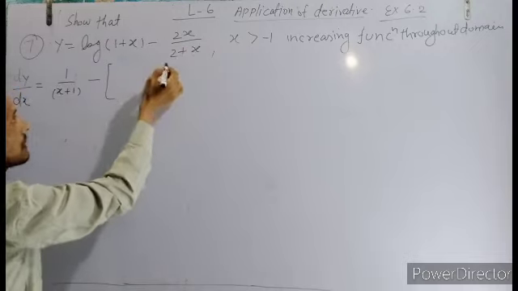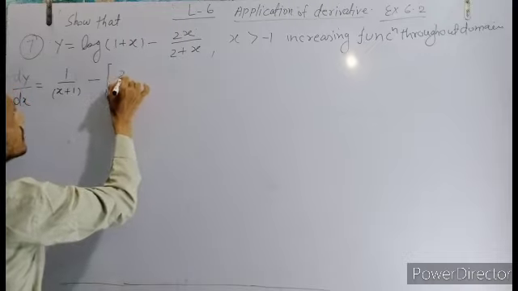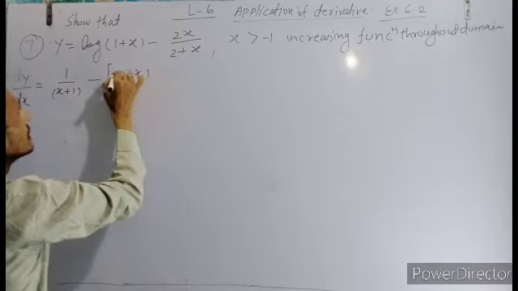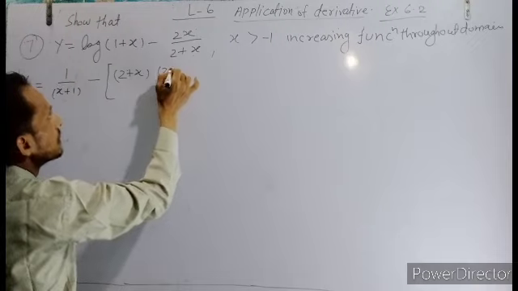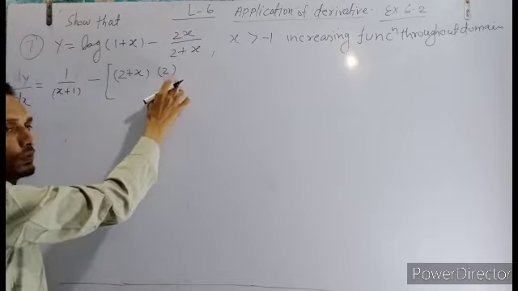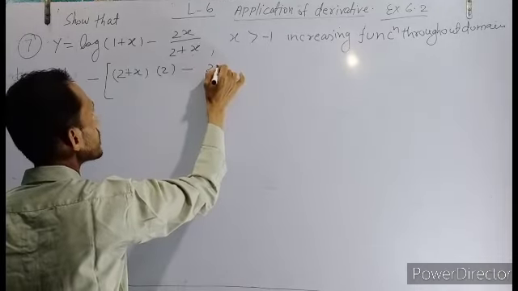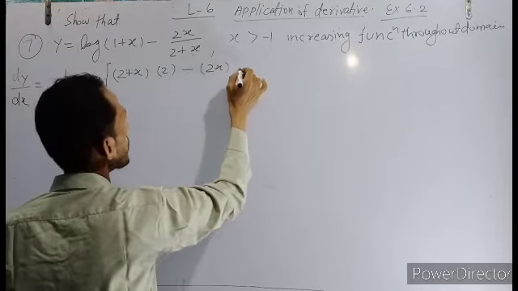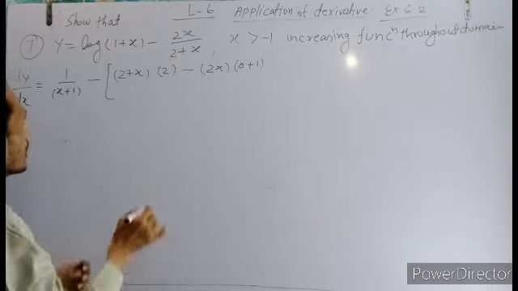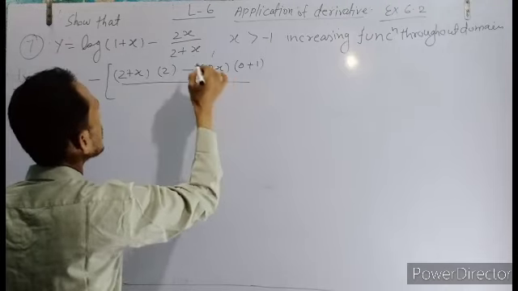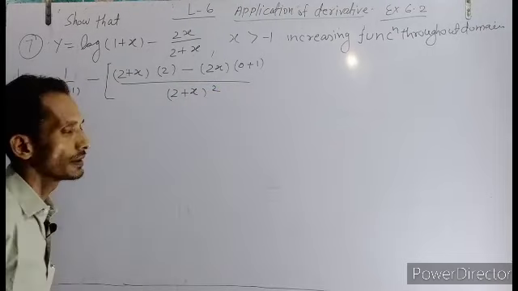Denominator as it is into d/dx of the numerator, which is 2, minus numerator as it is into the derivative of the denominator, that is 0 plus 1, upon the square of the denominator.